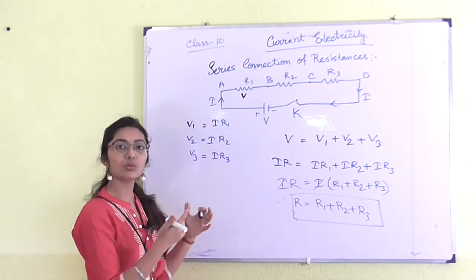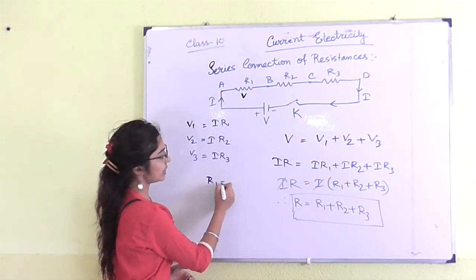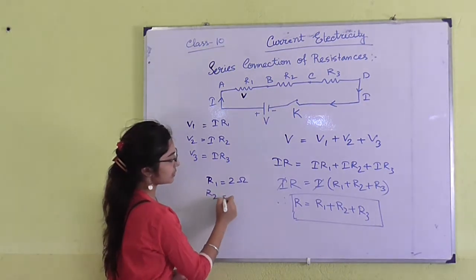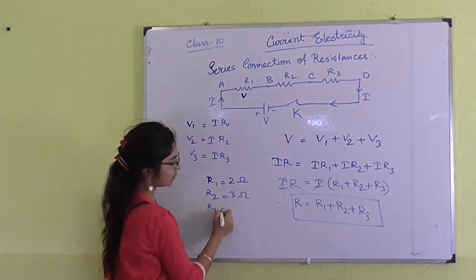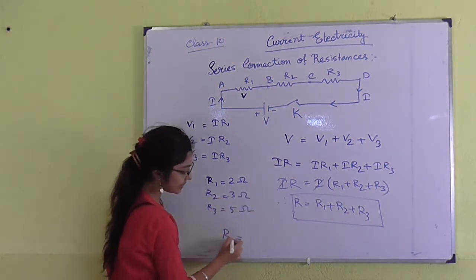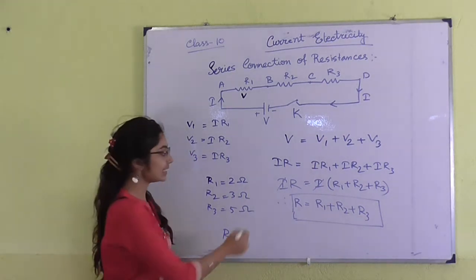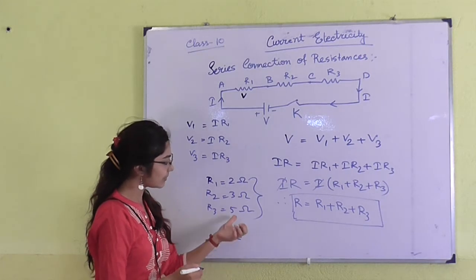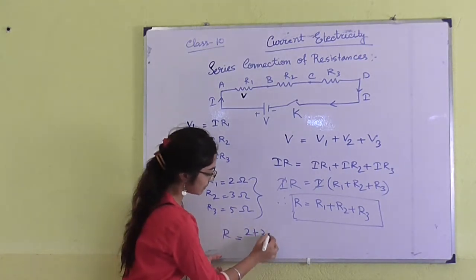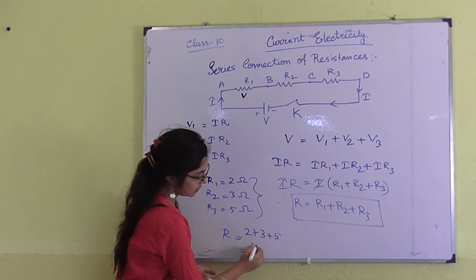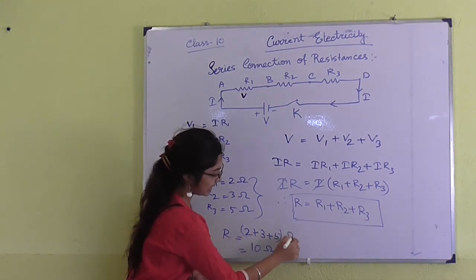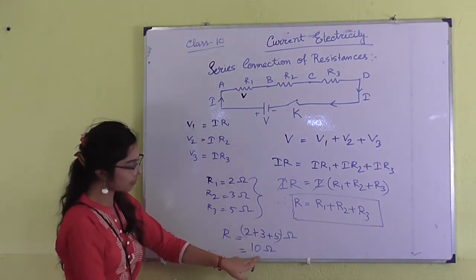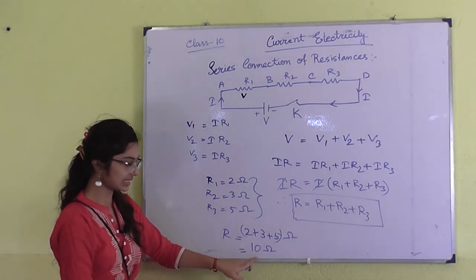Suppose R1 is equal to 2 ohm, R2 is equal to 3 ohm and R3 is equal to 5 ohm. Then the equivalent resistance must be greater than the individual resistances. The total resistance will be 2 plus 3 plus 5, which is 10 ohm, greater than the individual resistances.